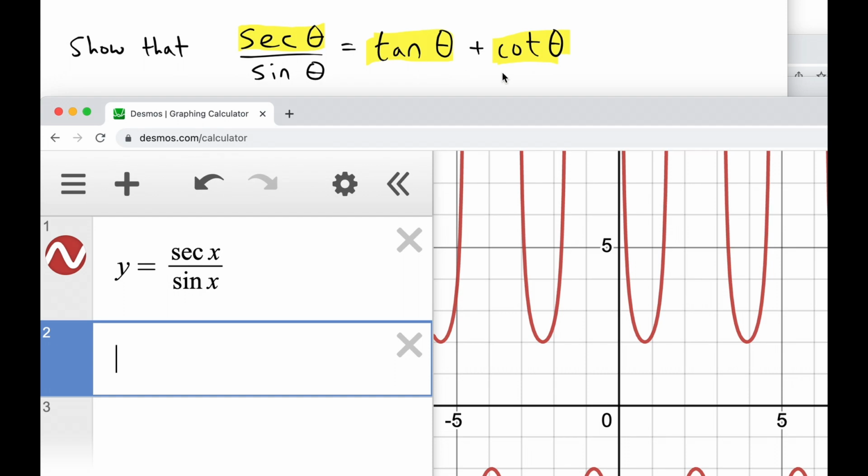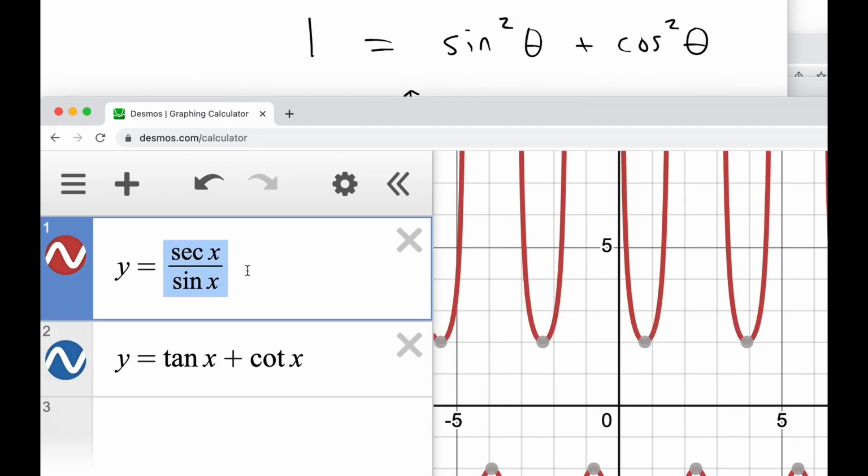And then I can type in the right side as well. And what we see in the graphing program is that these are identical graphs, meaning that in all likelihood, this is true.